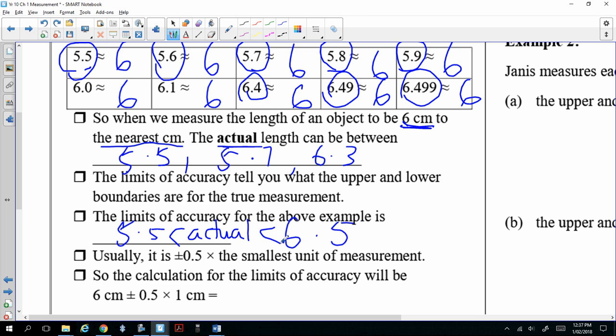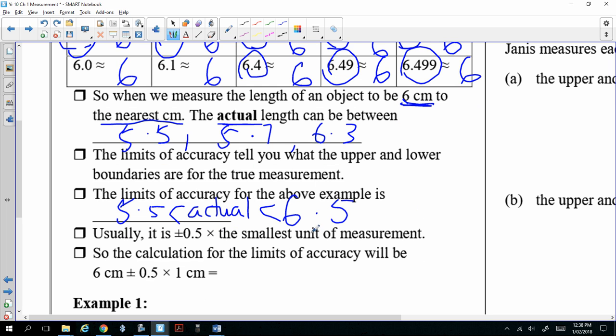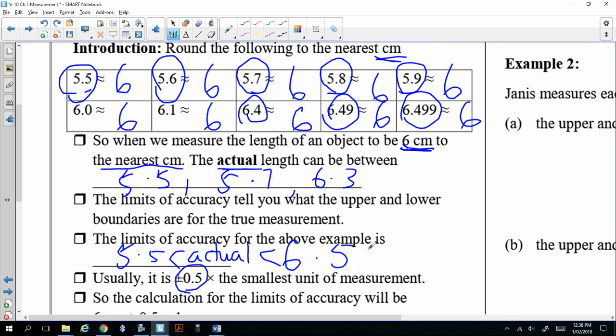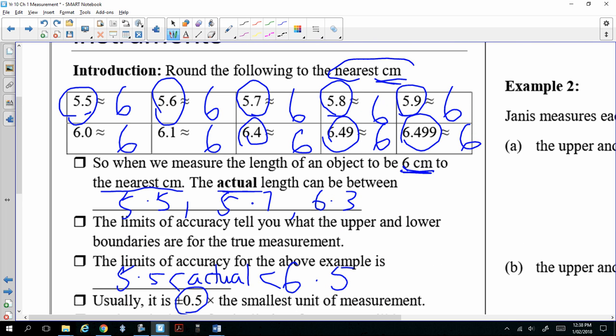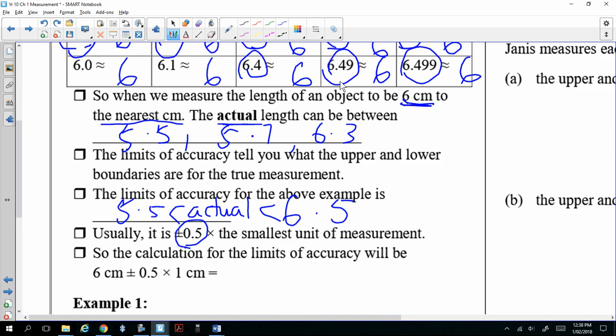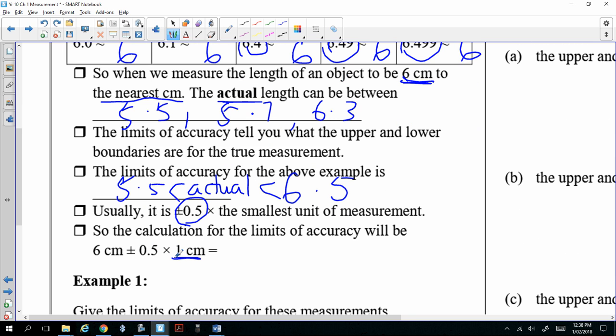So how do I do that in a quicker way? To find the limit of accuracy, you just have to do 0.5, or half of the smallest unit. In the above example, because it's rounded to the nearest centimeter, the smallest unit is 1 centimeter. So all you have to do is take half of 1 centimeter and do plus and minus.